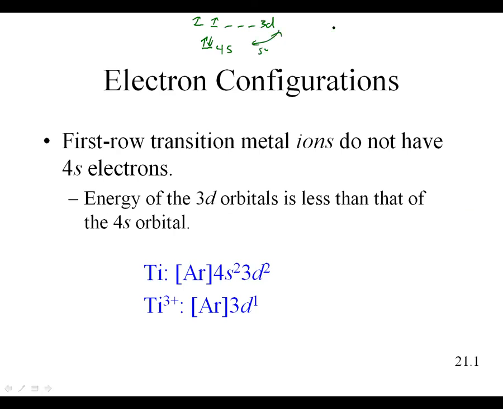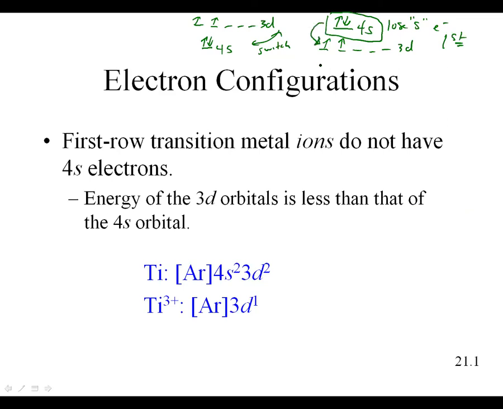That's really important for when these atoms start to lose electrons. When they start to lose electrons, they will lose their s electrons first. And if they need to lose more electrons at that point, then they'll go into the d orbitals.